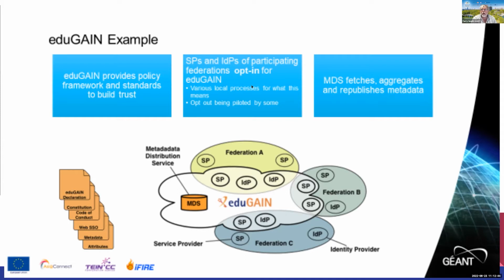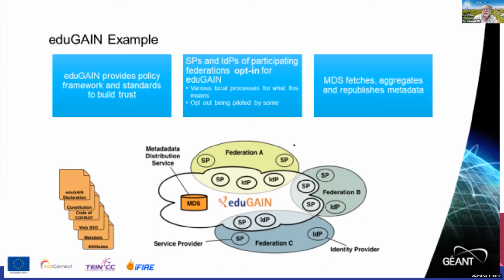And we have the metadata service, which sits in the middle and provides an aggregate of all of the metadata provided from all of the federations. Everything needs metadata to work. Each entity needs to know about every other entity, so it can communicate effectively between the entities.